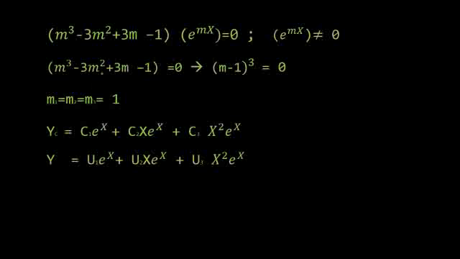After factoring, we found out that the m's are just the same, equal to 1, because this is a perfect cube. So we now have the complementary equation, which is in the form like this.